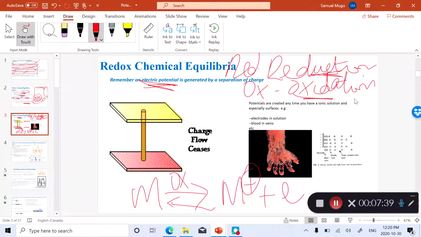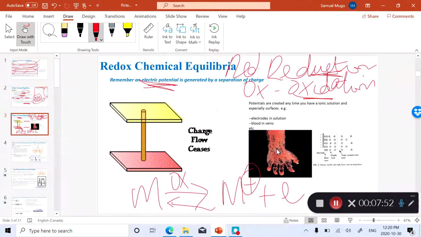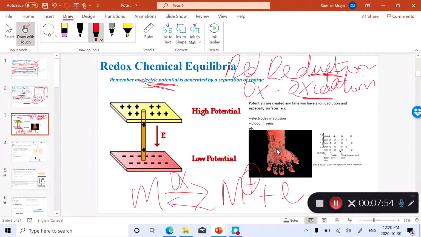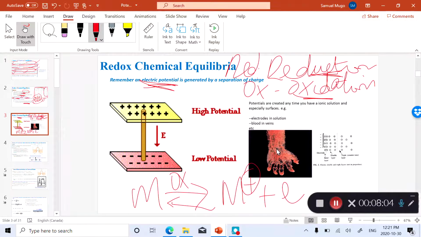Now, all of us have been facing major problems in the lab when we are doing weighing, because the analytical balances keep fluctuating. And I keep telling you, chances are it is because you're using latex gloves, and the latex gloves induce a lot of static electricity. How do you induce static electricity or voltage? It is because of charge separation.